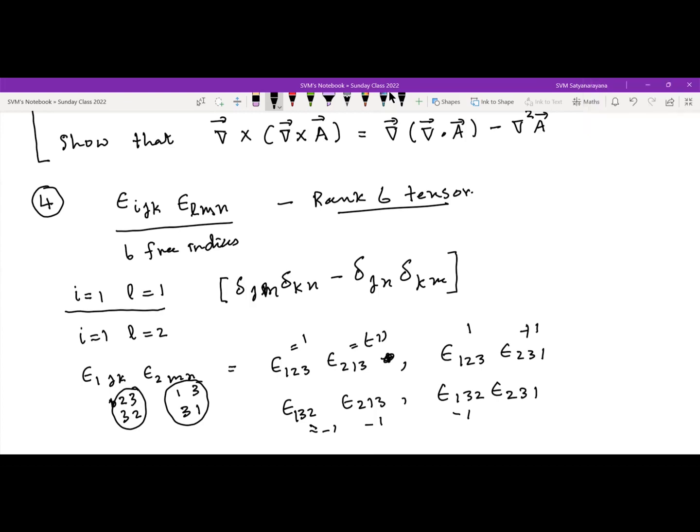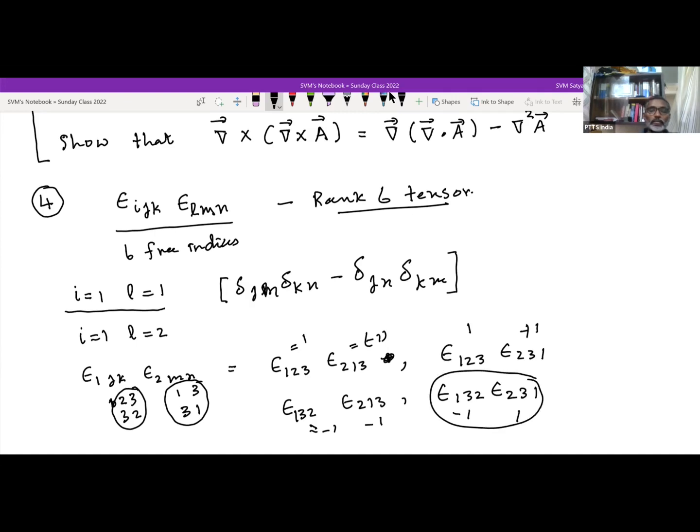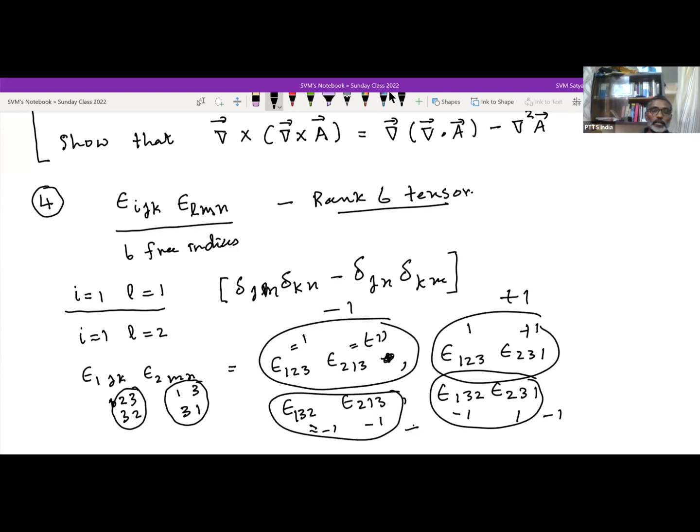That is 1, and this is minus 1. So you can see that this is giving you a minus 1 and this is a plus 1, and this is minus 1. This is plus 1, right? So these components are giving like this.